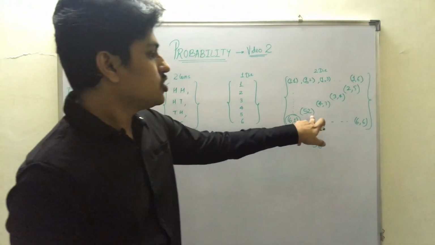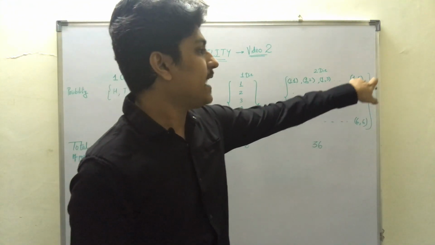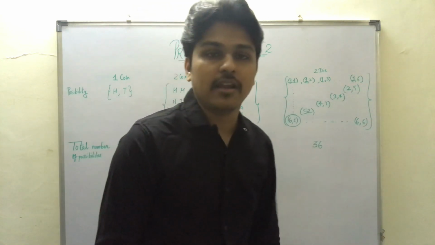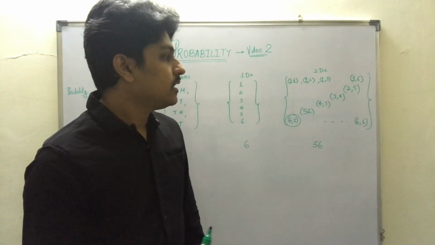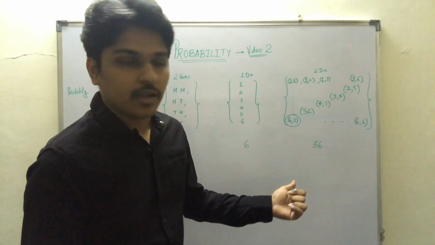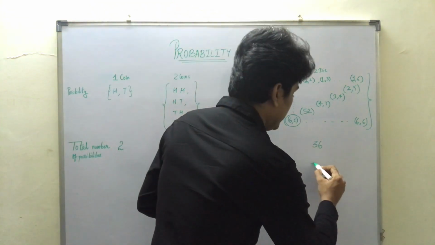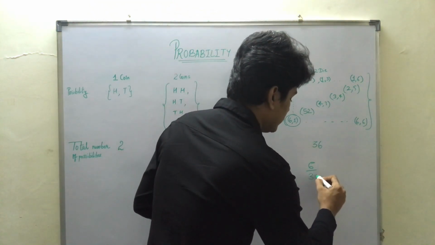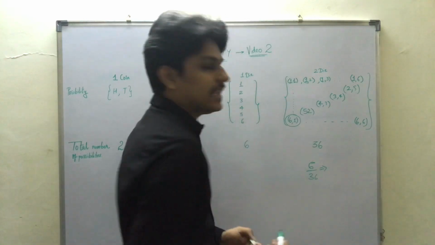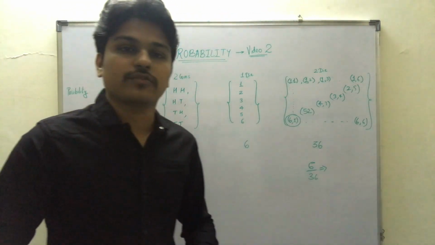So I would say 1, 2, 3, 4, 5 and 6 such possibilities are there where the addition is 7. So it's 6 out of 36.